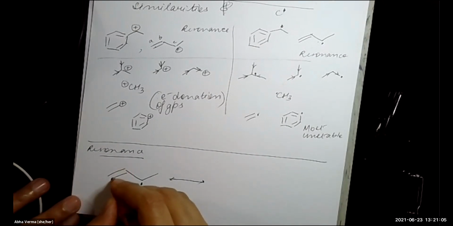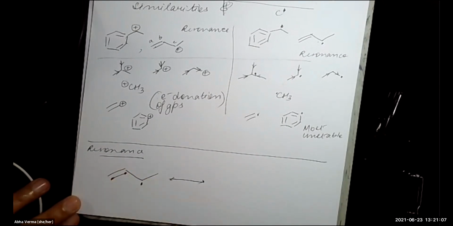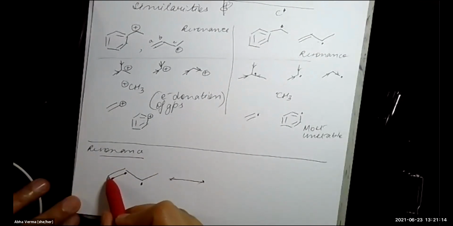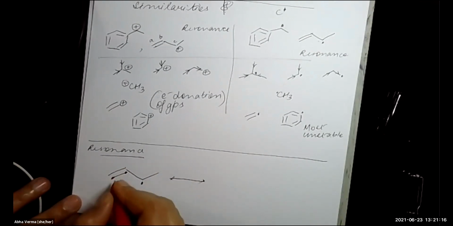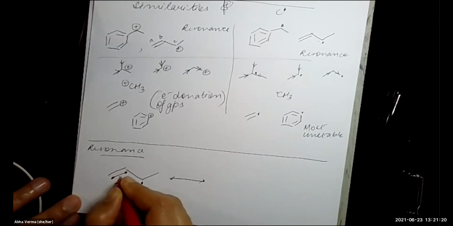What is on this pi bond? This pi bond is made up of electrons: one electron at this carbon, one electron at this carbon. And so from the middle, I'm going to split the bond. So this is the resonance of the allylic radical.